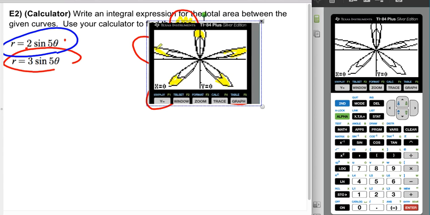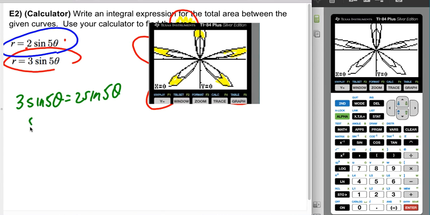So I need to find the bounds. That's going to be the first logical thing that I would need to do. In order to find the bounds, there are a couple of options, but honestly, I think the easiest option is to just set 3 sine of 5 theta equal to 2 sine of 5 theta. You're going to get sine of 5 theta equals 0 when you subtract it over. And so you're asking yourself, where is sine equal to 0?